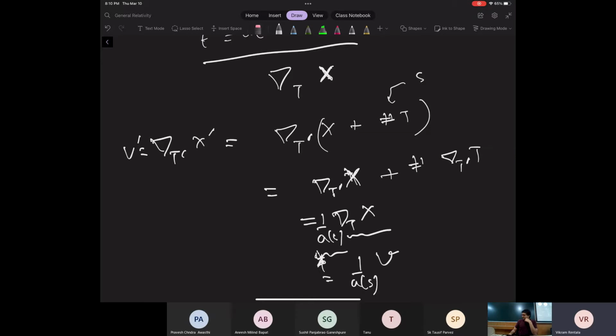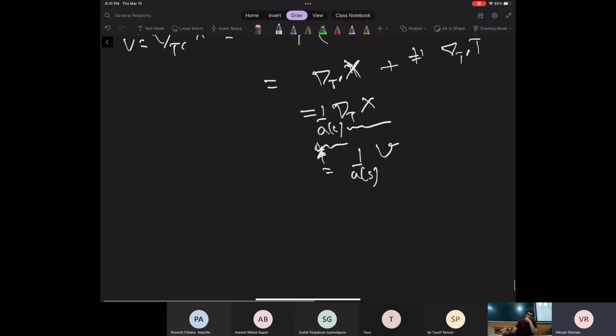Del t x is the velocity. No, this is not the velocity of, let's say, the particle. It's a measure of... del t x will be 0 in flat space. Yes.